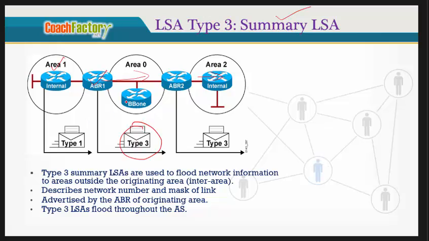This is how other areas will have information of a particular area. In the same way, area 1 will get the information of area 0 as well as area 2 using LSA type 3. Who will advertise that? Each and every ABR of that area will keep generating LSA type 3.